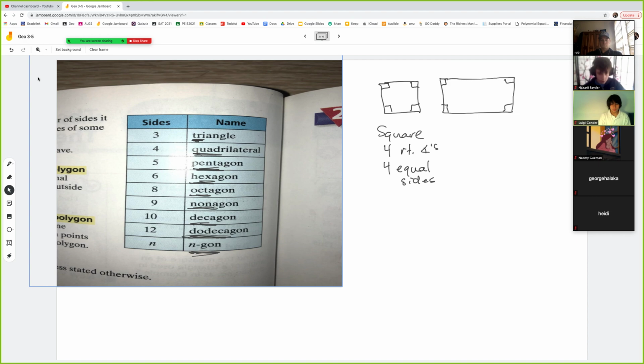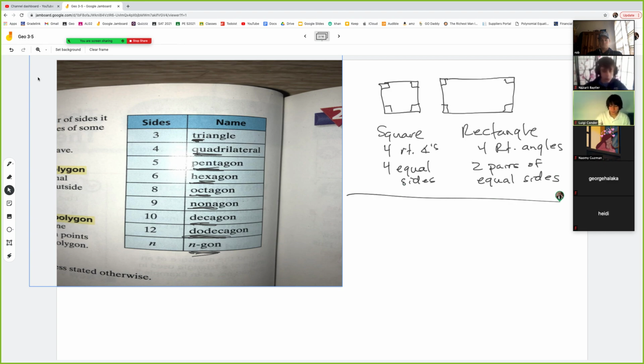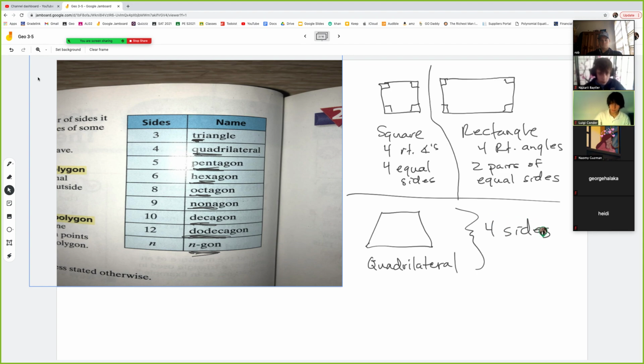That's a square. A rectangle has 4 right angles and 2 pairs of equal sides. Now, that is different from a quadrilateral, because a quadrilateral simply just has 4 sides.